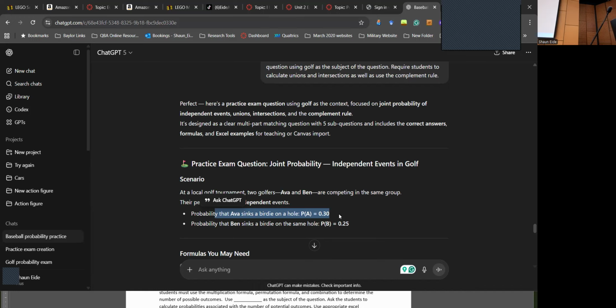So 0.3 plus 0.25 gives us 0.55, right? Minus 0.075. So we've got 0.3 plus 0.25, which is 0.55, minus 0.075, which gives us 0.475.